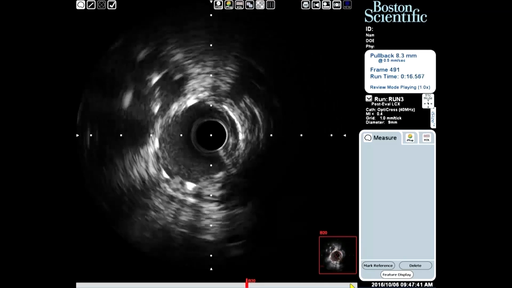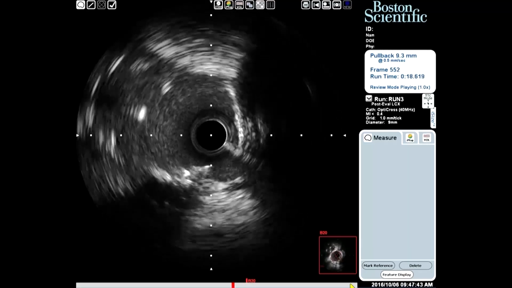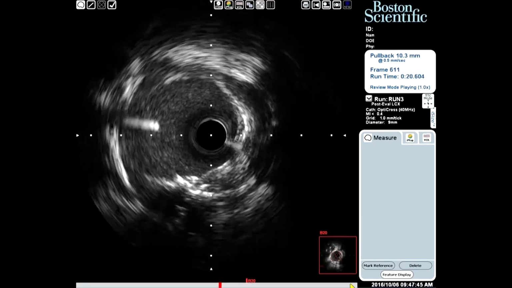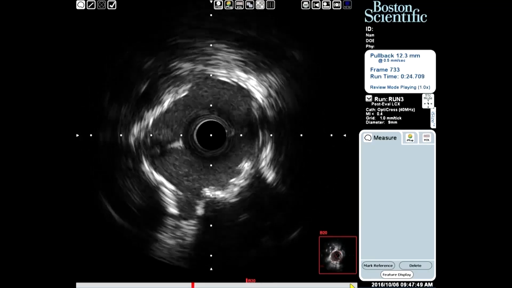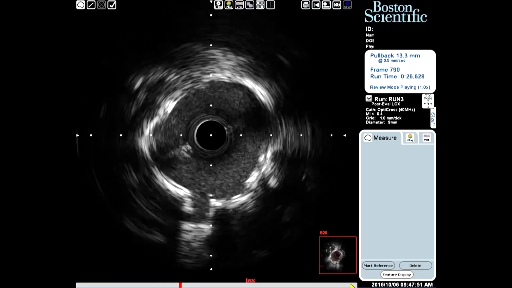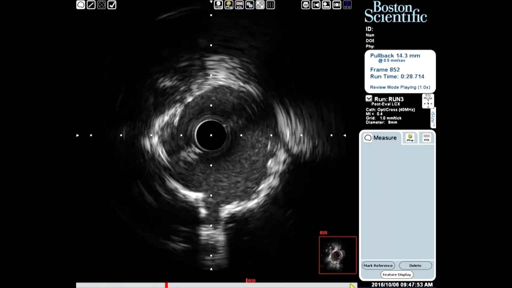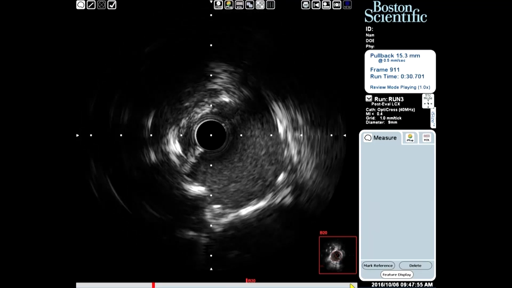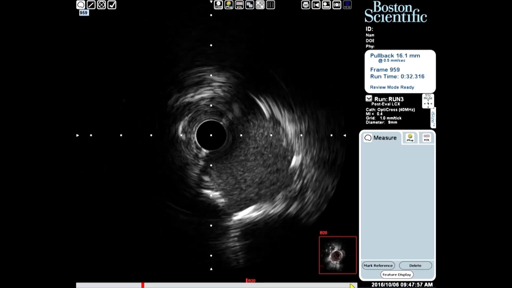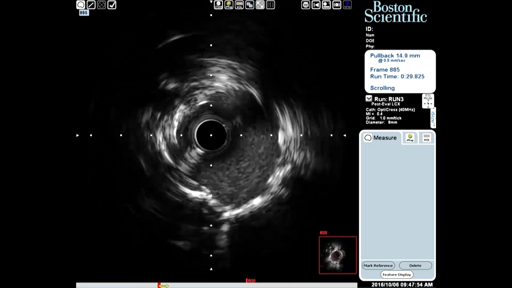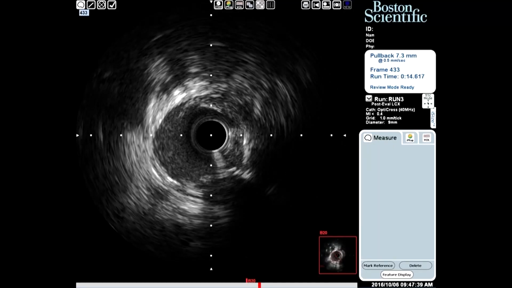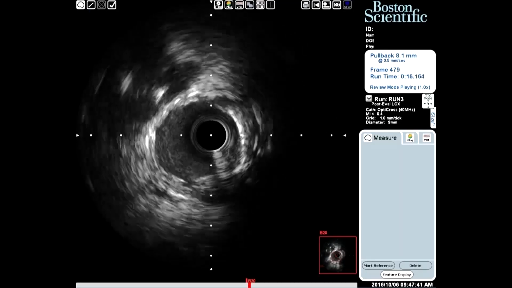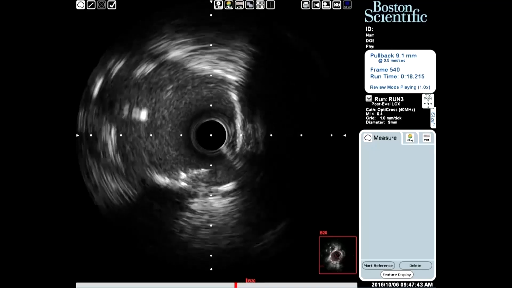This is a left main bifurcation. A little bit of strut is protruded from the circ to left main. Once again, left main ostium, the circ ostium, proximal circ.